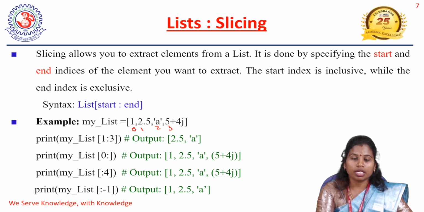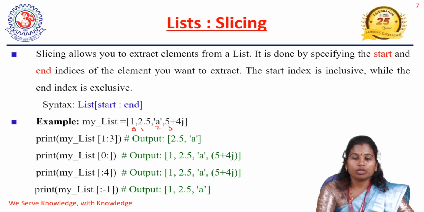Now coming to the negative indexing, here -1 means at position -1 we have the 5 plus 4j element. So it will consider elements from 0 to the end, but the end value it will exclude. That means the element at position -1 it will exclude. So we will get output from 1 to A only. That means the print function will print elements 1 comma 2.5 comma A only.